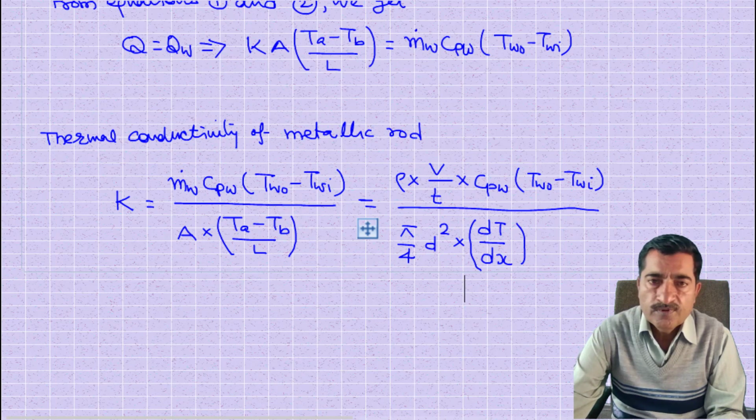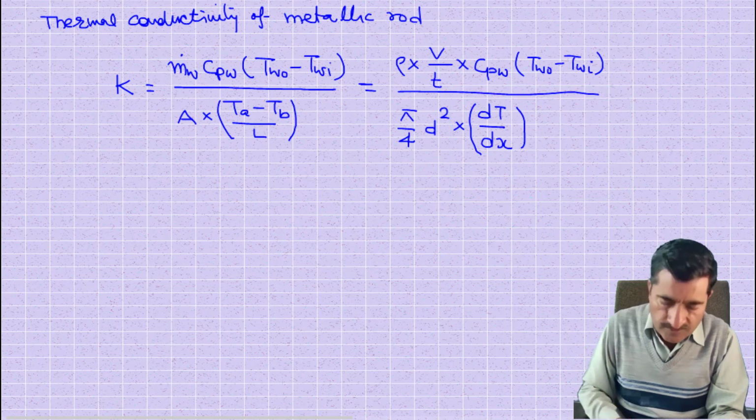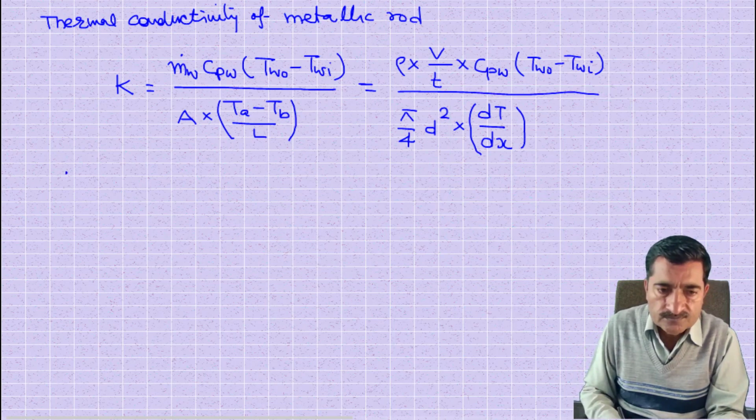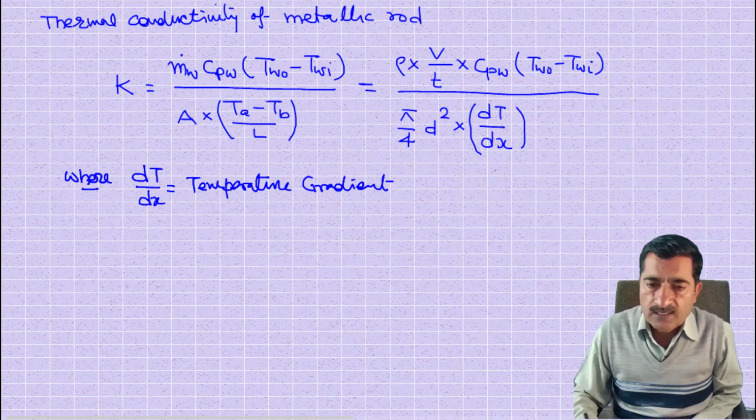Okay. Where dT by dx is the temperature gradient, or the slope of the curve.